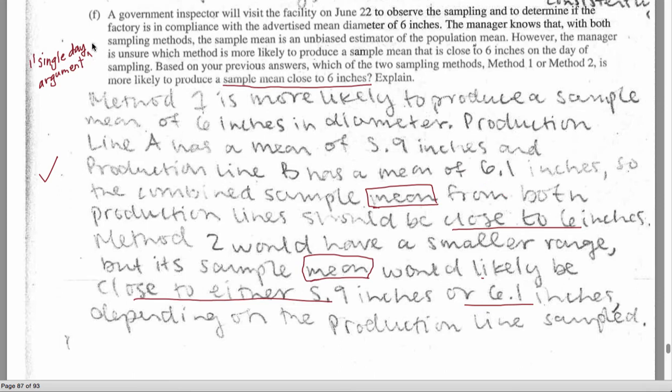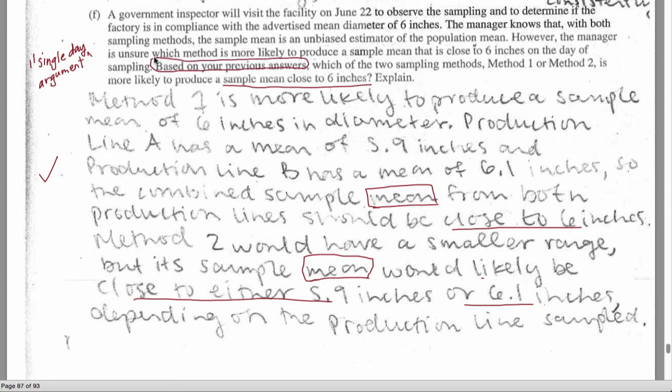There are other arguments that students could have made, which were less likely and less prevalent on the test, and that was to argue from the sampling distribution that they had described in Part E. In fact, it says right here, based on your previous answers.